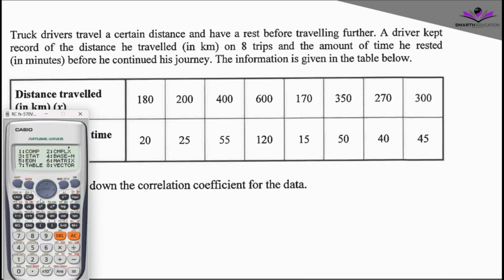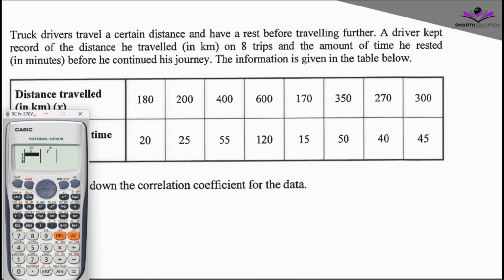Press mode, and then you look for statistics, which in this calculator is 3. It may be different in your calculator. So we press 3, and then we're looking for the correlation coefficient. Press where it says a plus bx, which is 2, just like we did when we were finding the equation of the least squares regression line.